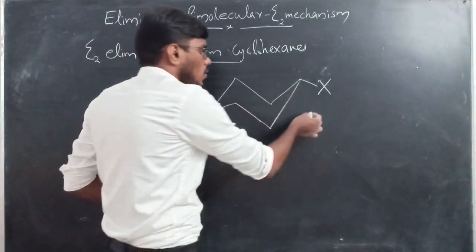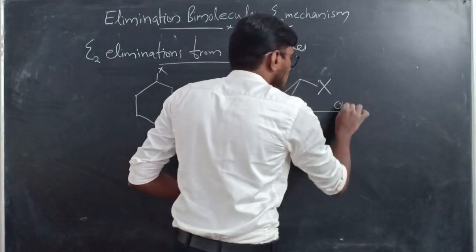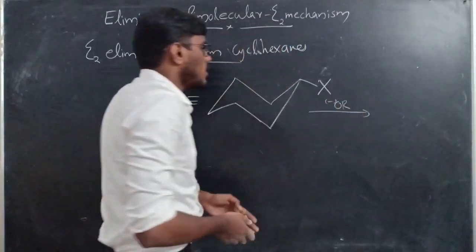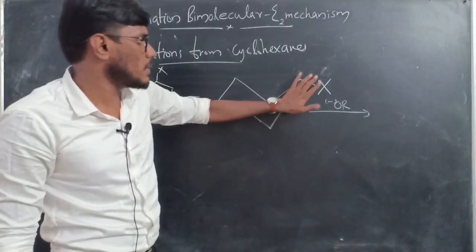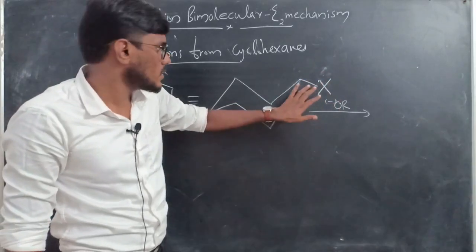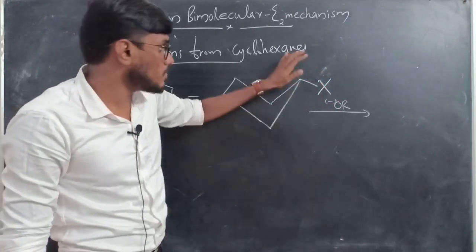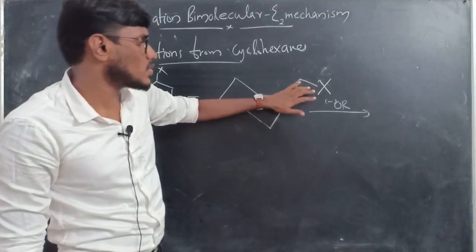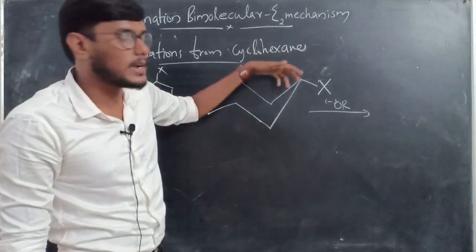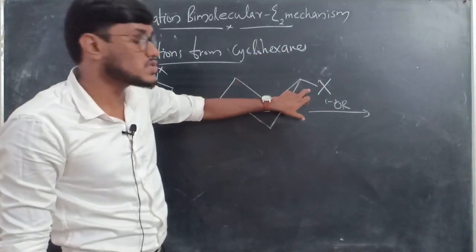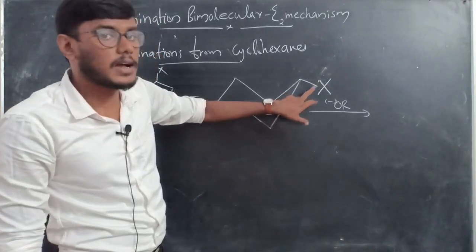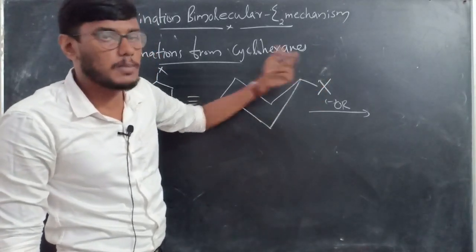So when it undergoes E2 elimination reaction with a base, we have a condition for the eliminating group. There should be an anti-periplanar, or trans, hydrogen. The presence of the anti-periplanar hydrogen promotes the E2 elimination.